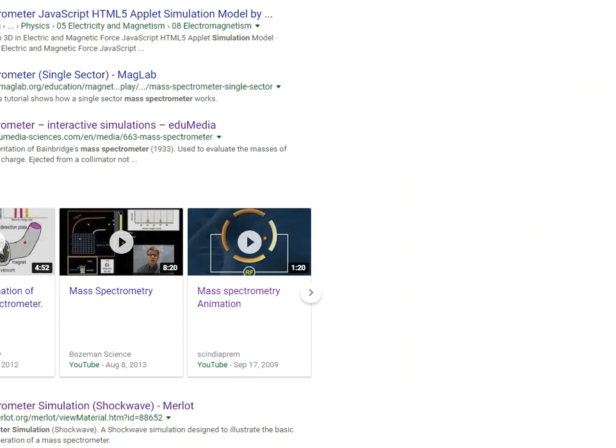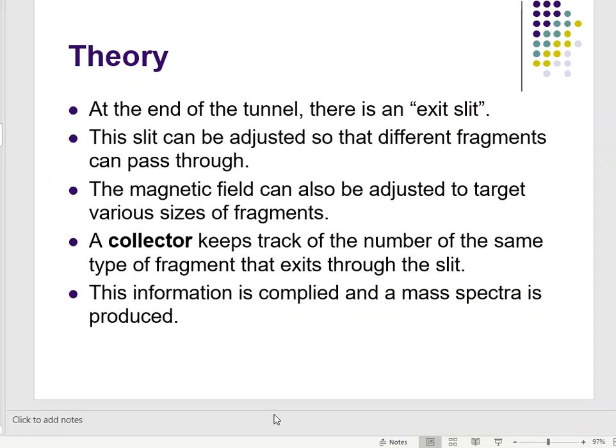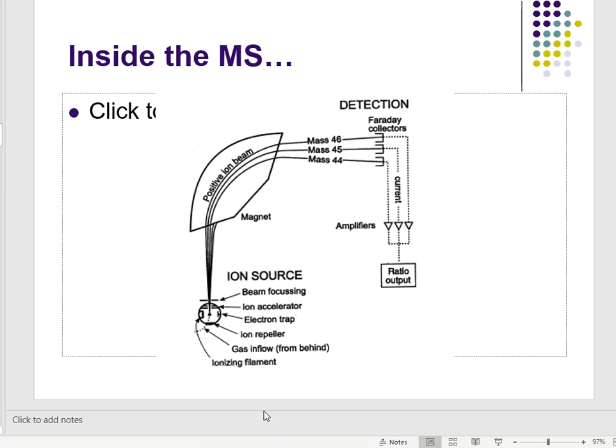All right, now let's take a look at a better diagram, maybe, that we're going to see right here. And this is a representation of the curve at the end of the tunnel. All right, so my molecule is going to come in through this entrance. So there's the ionizing filament right in here, all right?